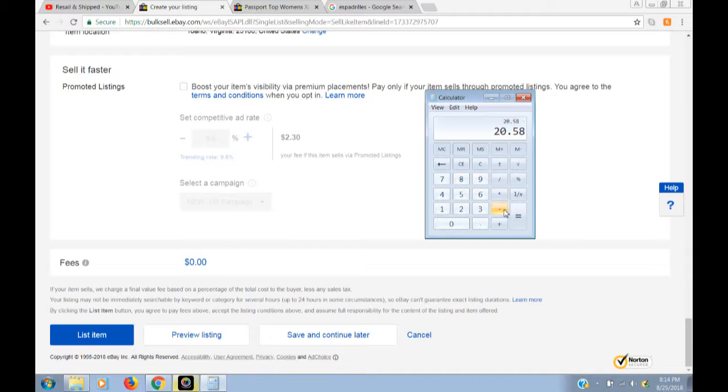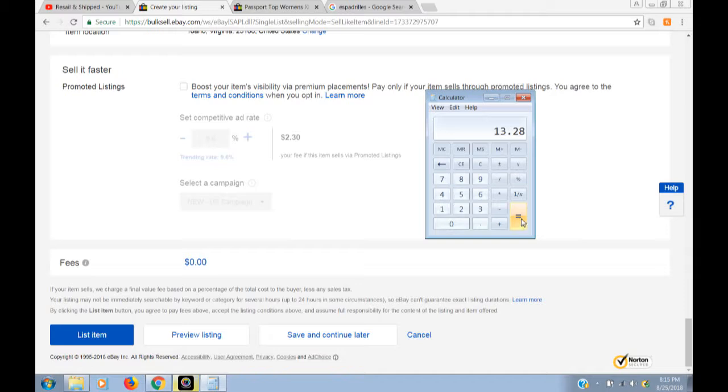Okay, so that $24 is pretty much taken out in fees. Then you have to subtract your cost. I think I said that I paid $3 for these, so that's my cost. And then I also have to consider how much it's going to cost me to ship, which will probably be around $4.30, maybe $4.50. I don't know exactly yet. So my profit on these would be $13.28, but that doesn't consider that since they're going first class, you have to think about the cost of your mailers, your bag, and your bubble wrap.